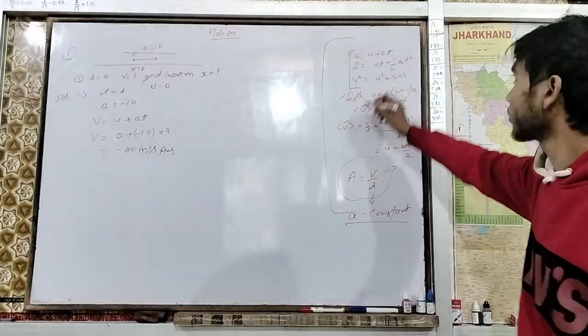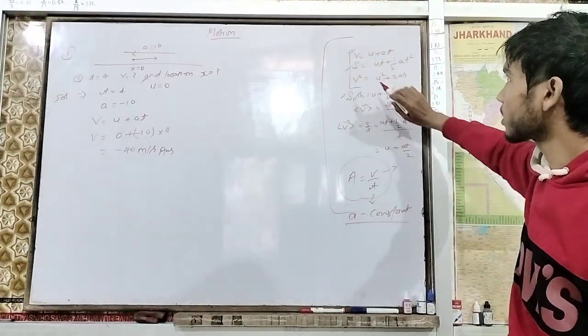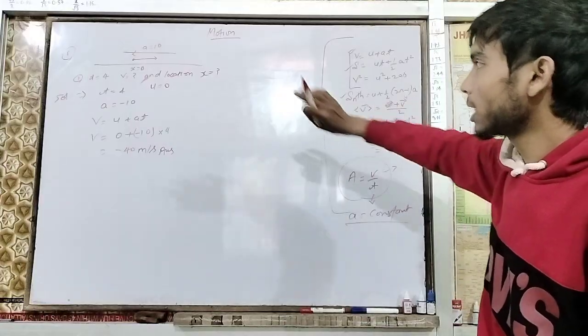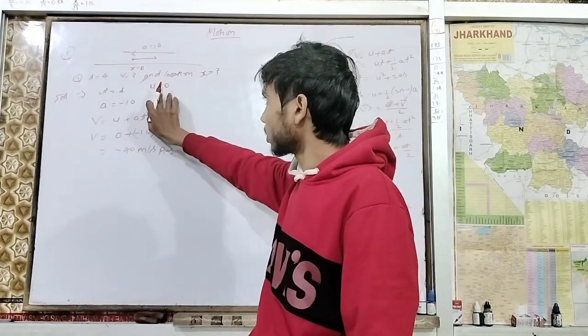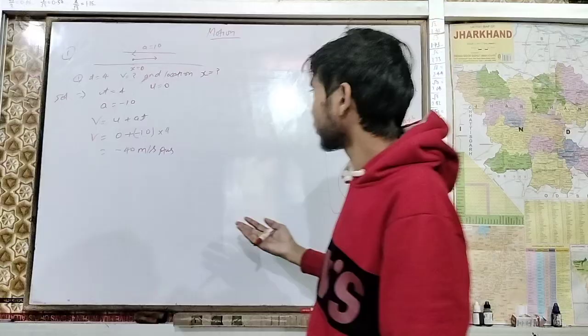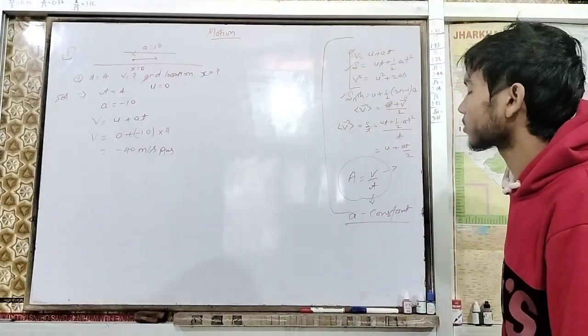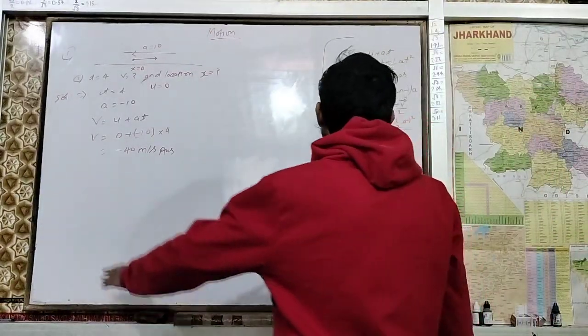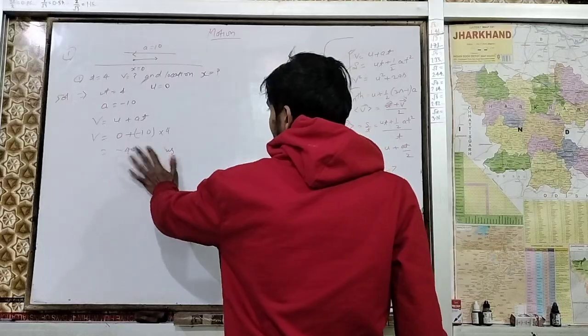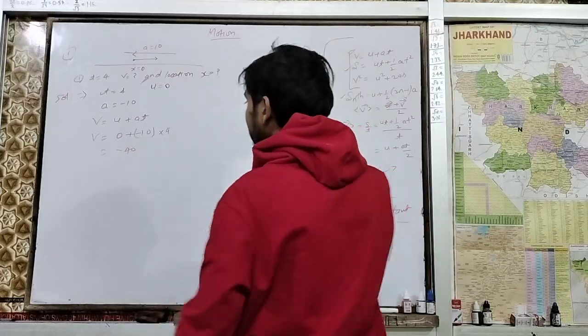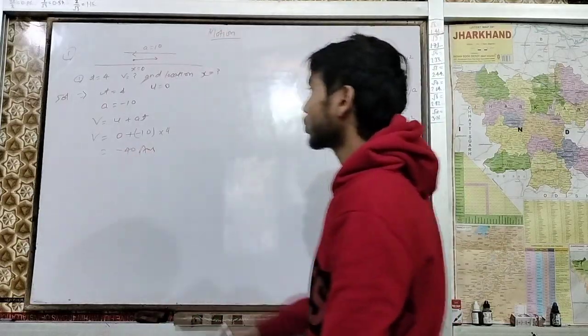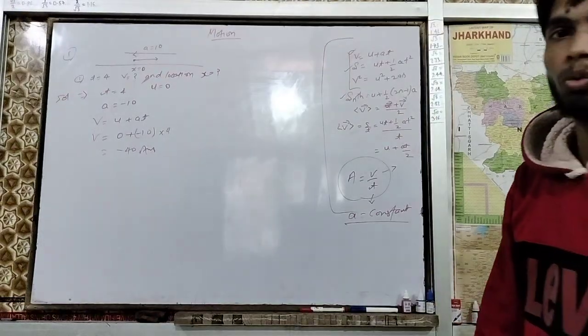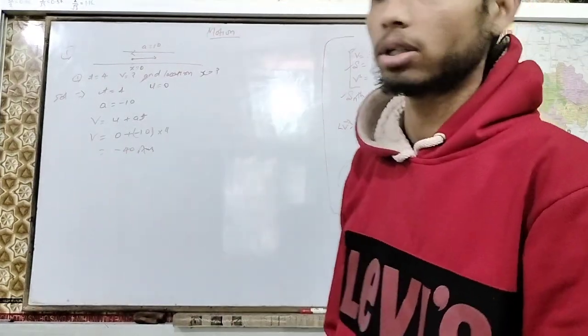Now next, can we calculate the displacement? Initial is 0, and what is the final? This is not velocity. V is not velocity, v is the final point.